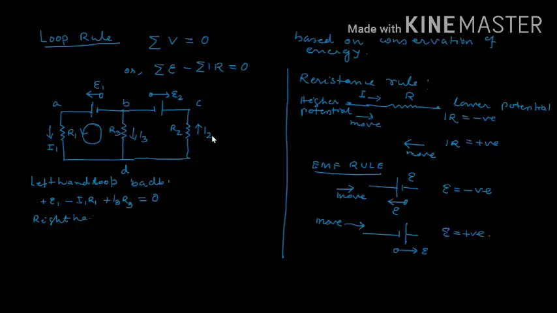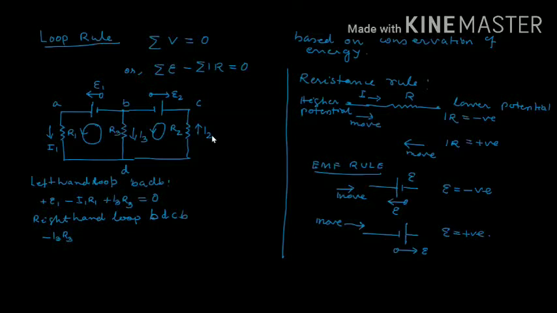Right-hand loop B, D, C, B. We start from B. Let us move in the anti-clockwise direction. Now we move through resistor R3 in the direction of current. So the product I3 and R3 is negative. Minus I3 R3.